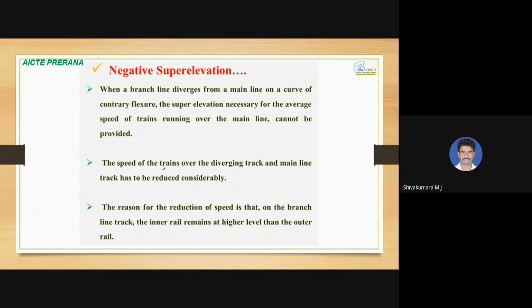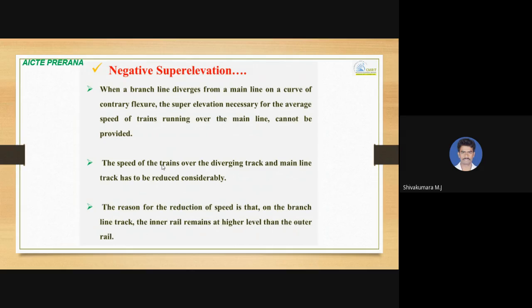Next, it is superelevation. When a branch line diverges from a main line on a curve of contrary flexure, the superelevation necessary for the average speed of trains running over the main line cannot be provided.